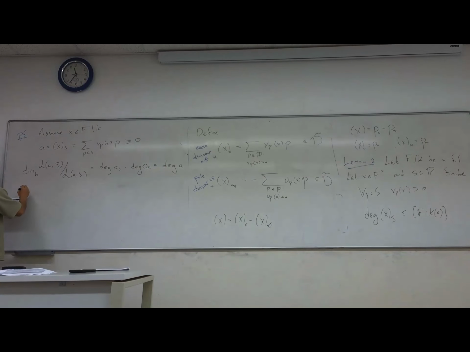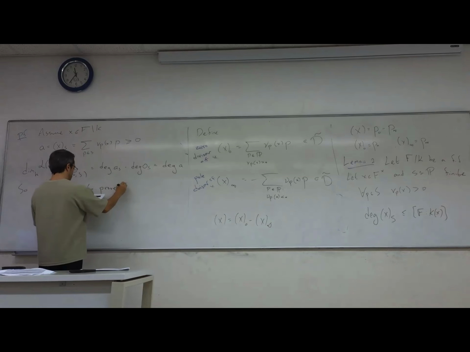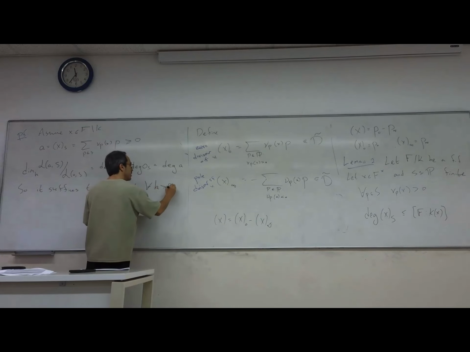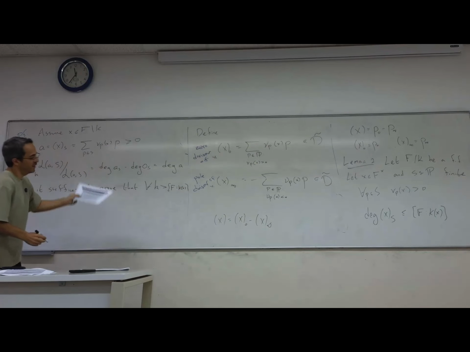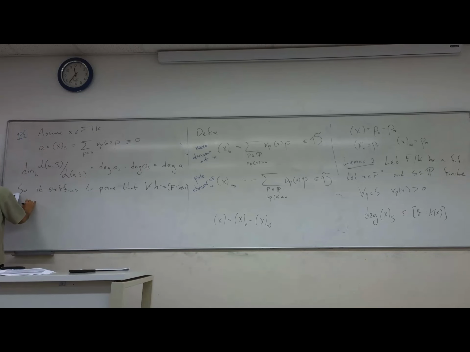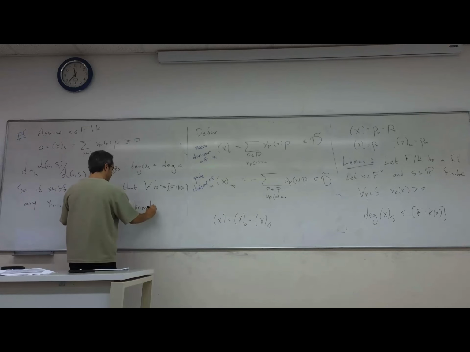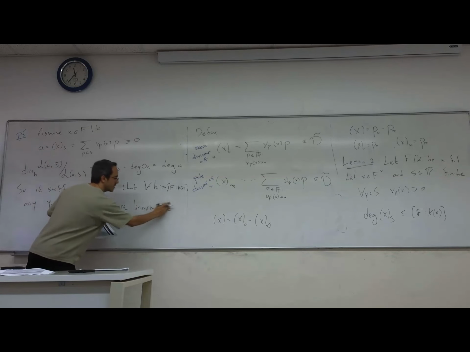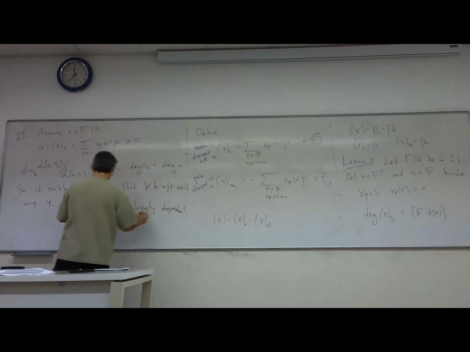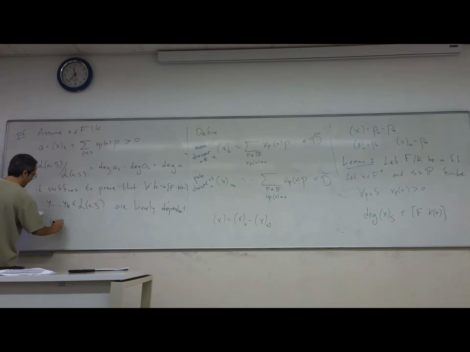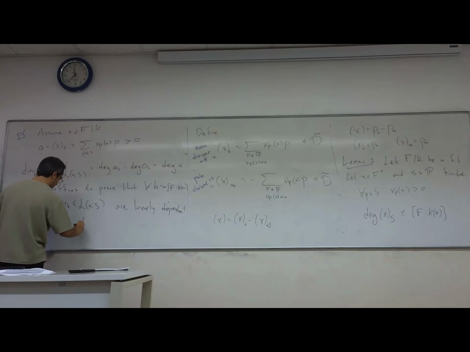Okay. So what we'll prove, so this little philosophy implies that it suffices to prove that for any number k that's larger than what's written on the right-hand side, it's a finite number, any y1 up to yk, any k elements here, are linearly dependent over K modulo L0s.